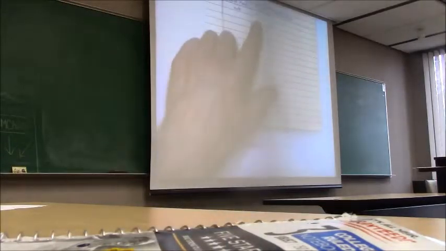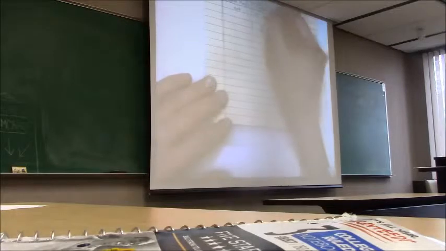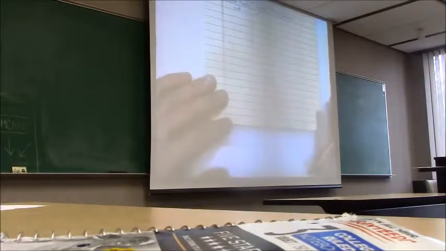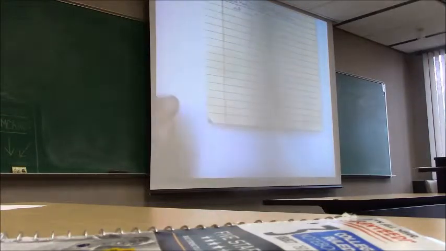I will write in a different color an alternative symbol that you might come across elsewhere. I don't know why you would, but you might. This is not the only way of symbolizing tilde. It's the way that we will use in this class, but sometimes this is used. You might have seen that. Okay, now the name of the truth function is negation.